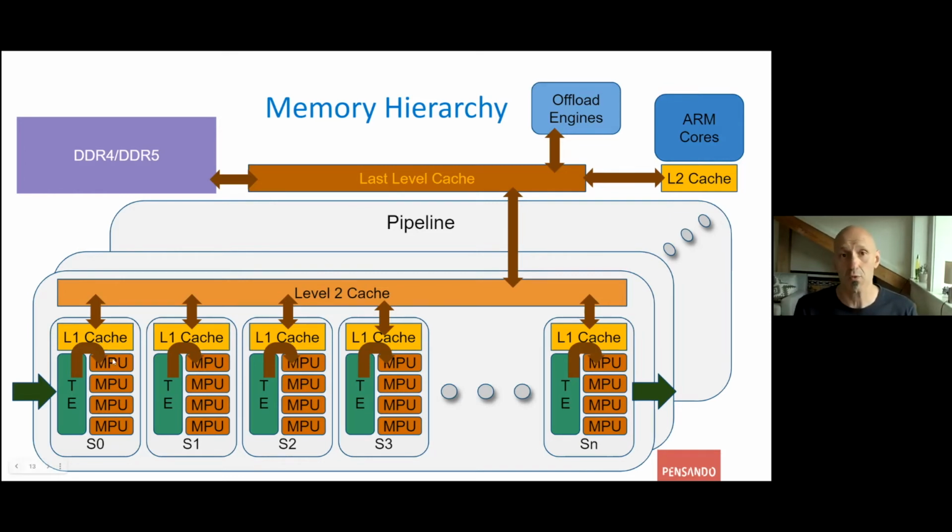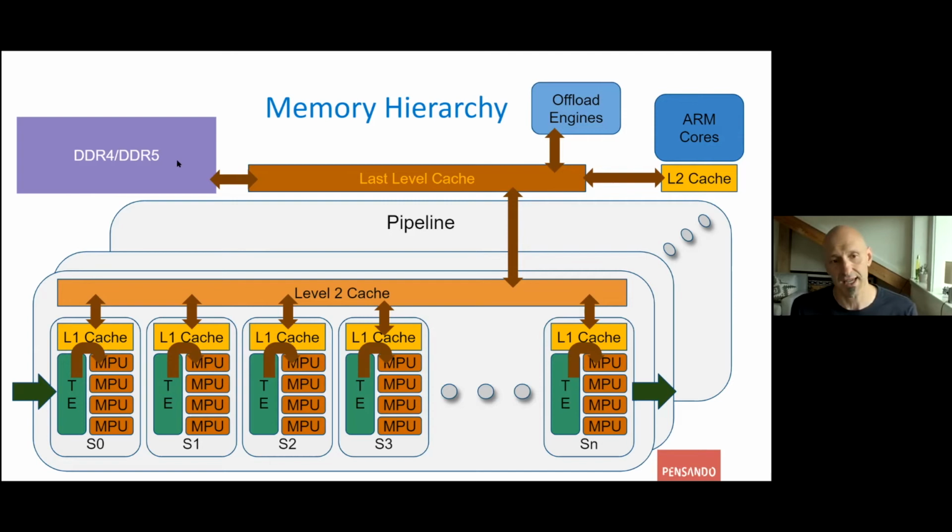Now the MPU will independently fetch the instructions, again, possibly from the L1 cache, and then start executing its program. Now, if tables or instructions are not in cache, they're going to be looked up in a level 2 cache that then is going to be backed up by a last level cache, which is shared by the other processing devices on the card.